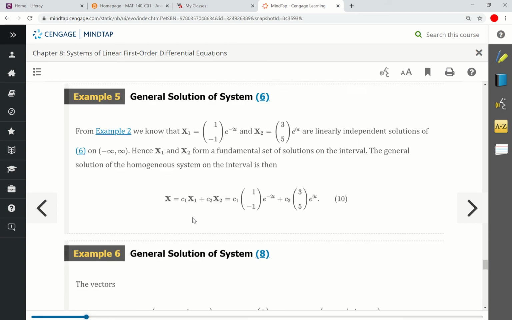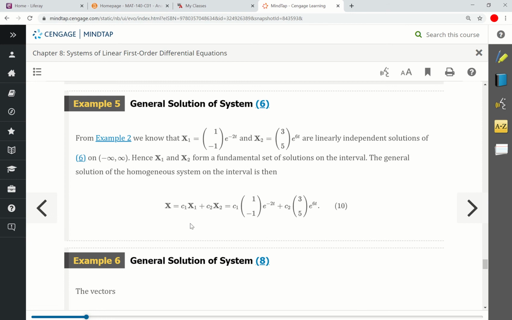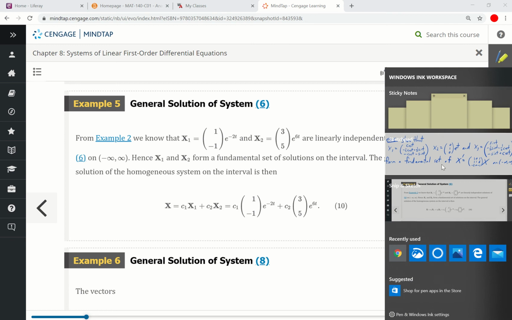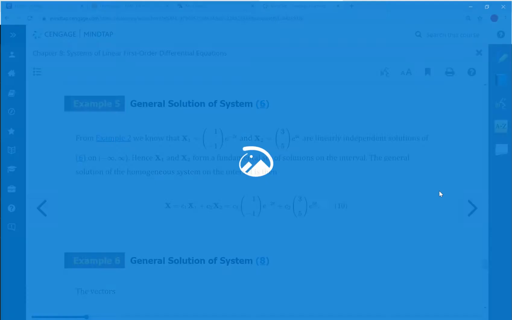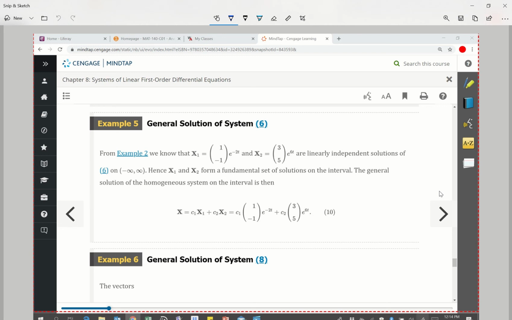We can highlight this in the next two examples. For instance, way back in example 2, we had the following system: x prime is equal to the matrix 1, 3, 5, 3 times x.